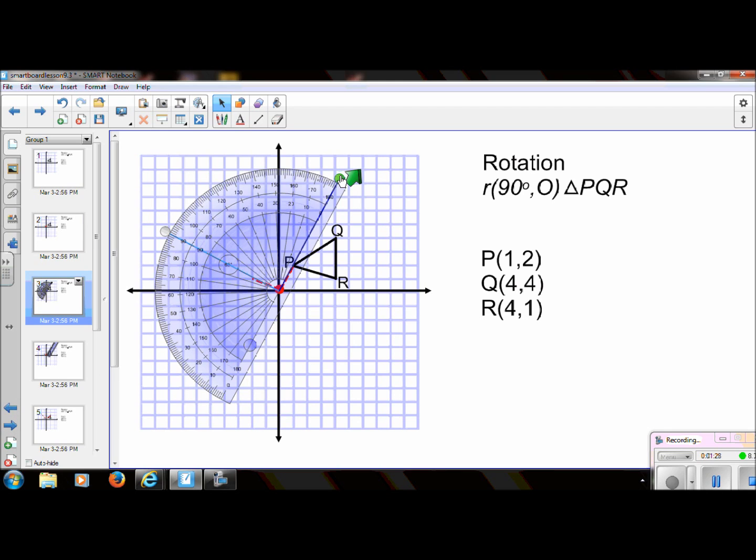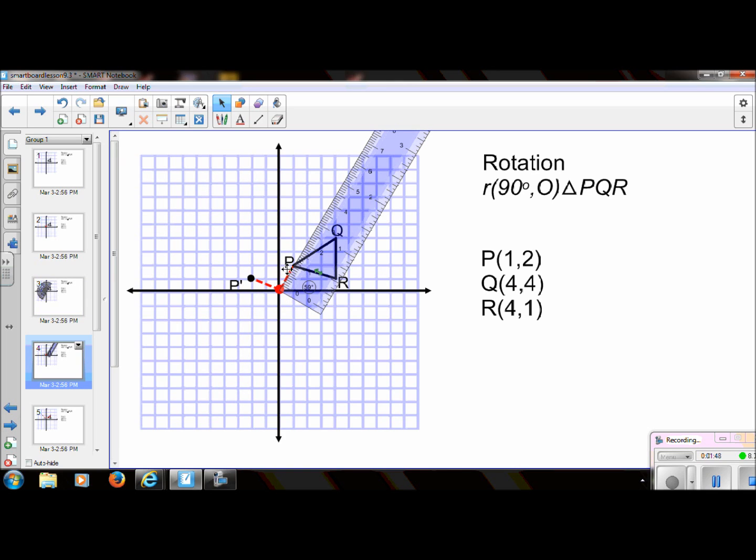But before I begin, and this is just helping you visualize this, I need to make sure that I have done a rotation of 90 degrees, so I'm going to use my great big protractor here and move it to the 90 degree mark, and then confirm that this is 90 degrees, so I have measured this properly.